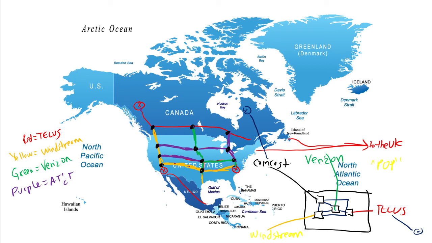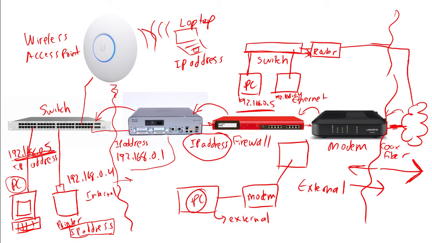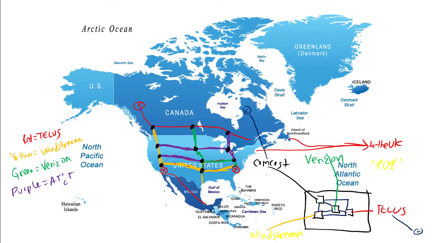So in this case, the traffic leaves your modem, which we saw earlier. It's left your modem and it's gone into the cloud, in other words, it's gone to the first router. The first router that it hits belongs to Thales, and it's right at the starting point.